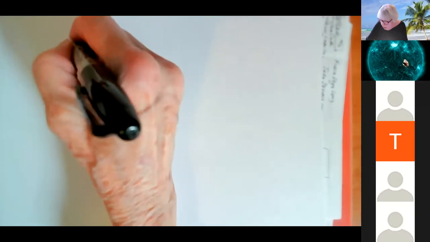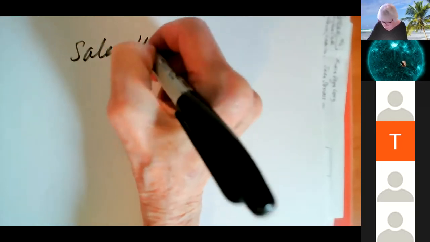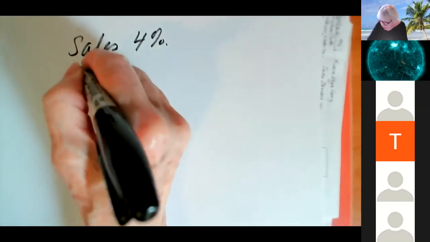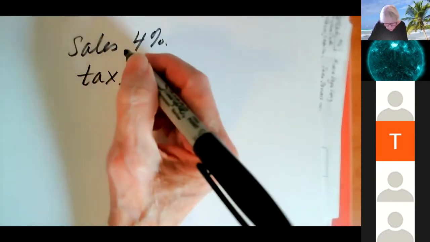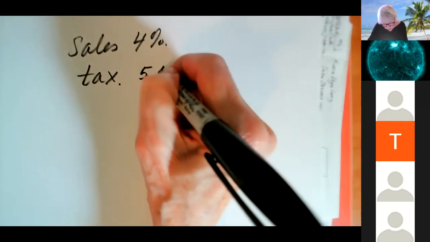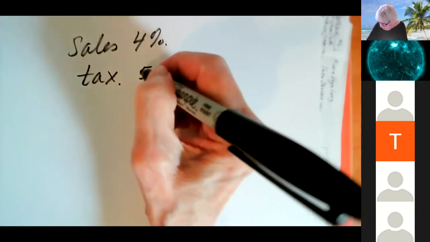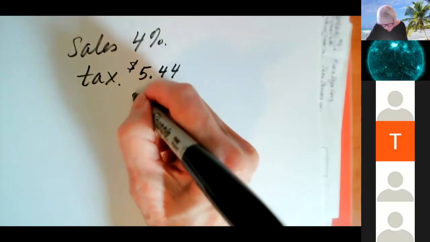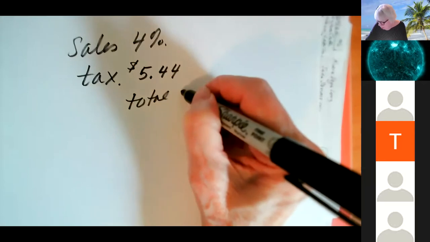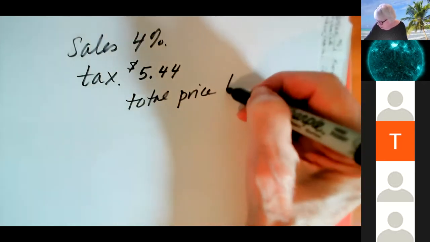Okay, here's an example. The sales tax in this place is 4%. It's on a bike, and the tax is $5.44. What is the total price of the bike?